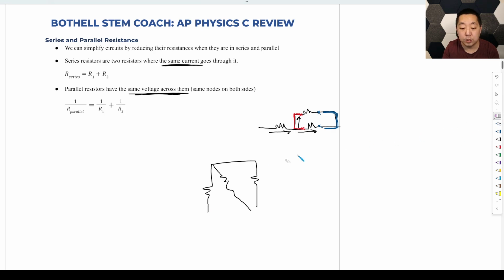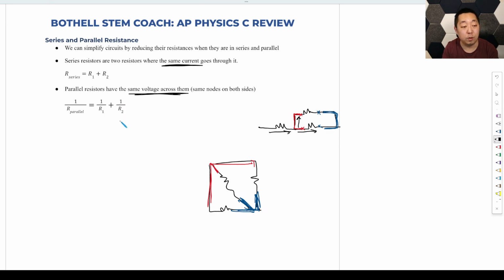Actually, sorry, let me draw one. All three of these resistors I'm drawing are in parallel, even though it doesn't look like it. They're parallel because they share a connection on one side, and they share a connection by wire without anything interrupting them on both sides. So all three of those are parallel.